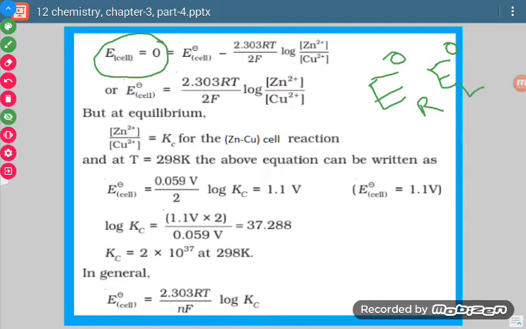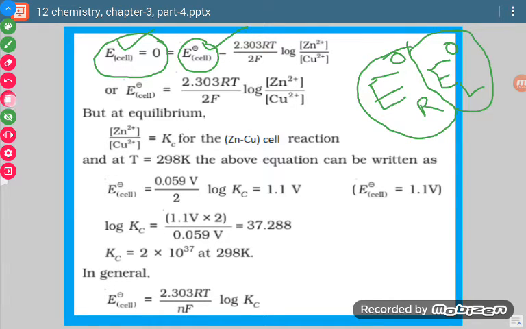So there is always some value of E naught cell. It is never 0, because these two have definite values. Since this has some value, the E cell will be 0. This is to be remembered.